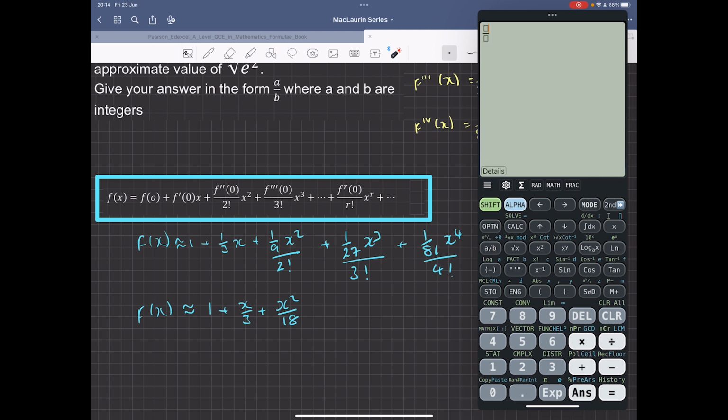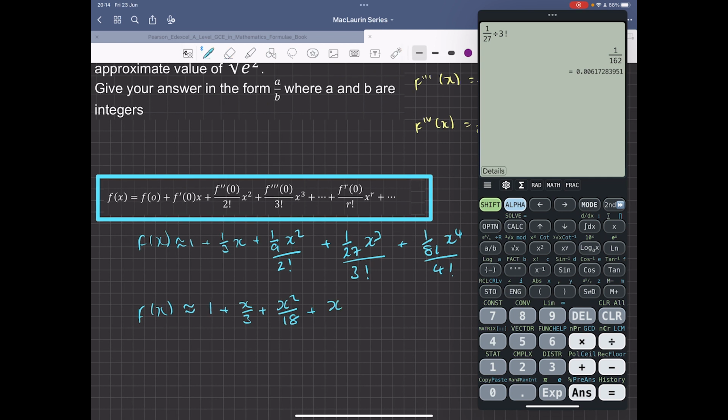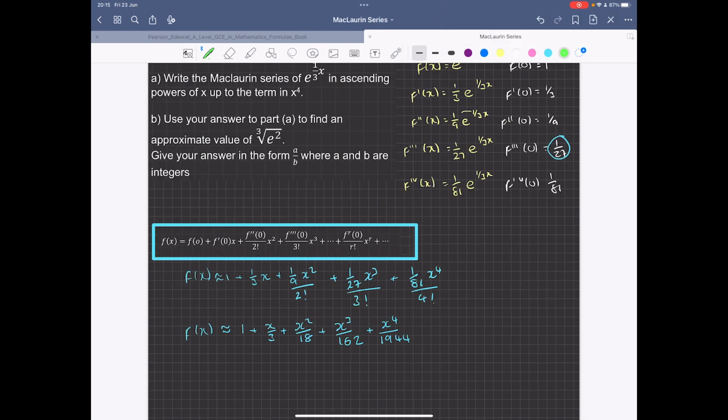So we have 1/27 divided by 3 factorial, which gives us x cubed over 162. For our next one, 1/81 divided by 4 factorial, which gives us x to the 4 over 1944. Okay, so that's part A.